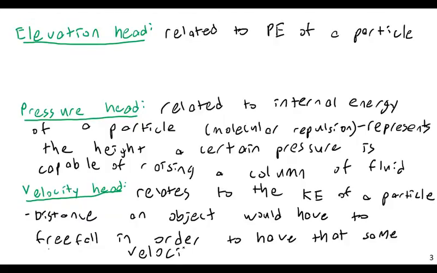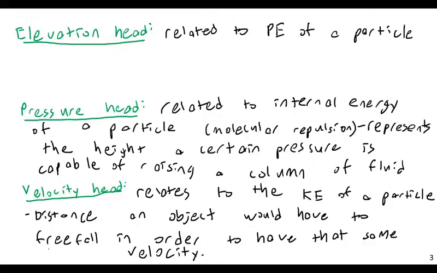So all of the terms of the Bernoulli equation can be interpreted in terms of height. The elevation head is simply the height of the fluid at a certain point. The pressure head is the ability of that fluid's internal energy to raise a column of fluid a certain height. And velocity head is the equivalent free fall distance.